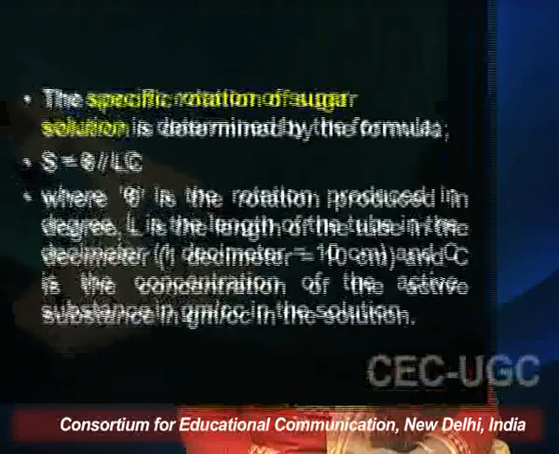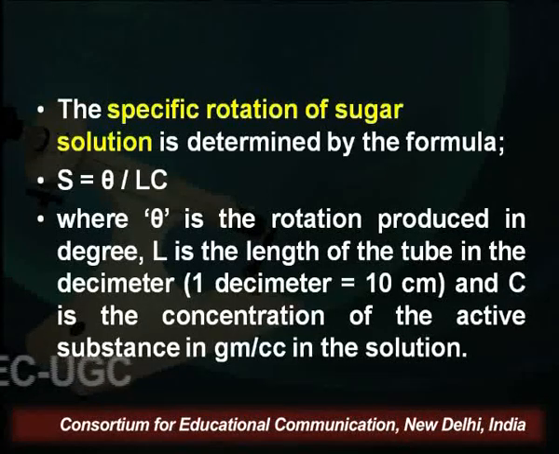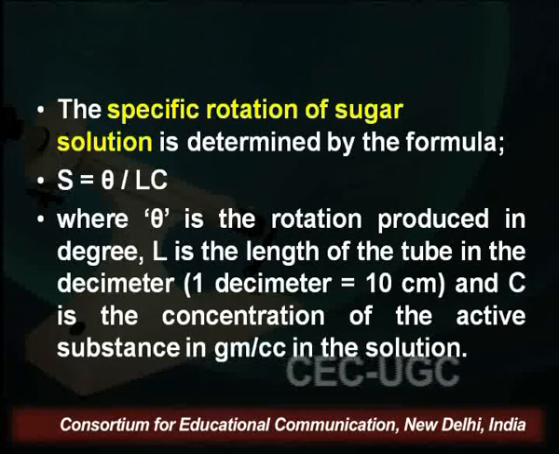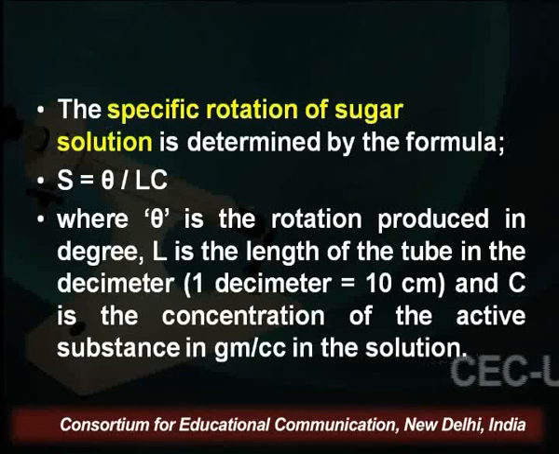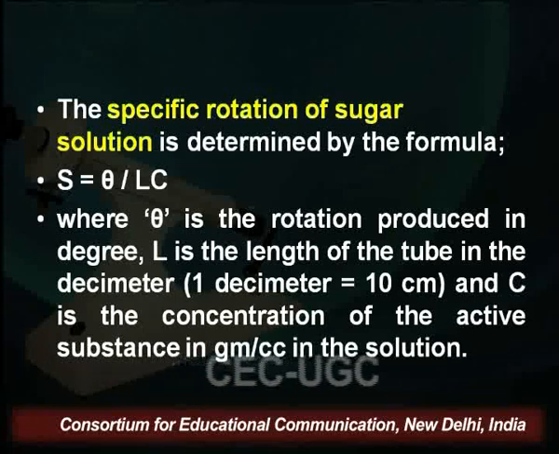The specific rotation of the sugar solution is determined by the formula we generally use in the laboratory. S is equal to theta, the angle we calculate when the light passes from the analyzer, the emergent light from the analyzer, which we measure using the main scale as well as the vernier scale.